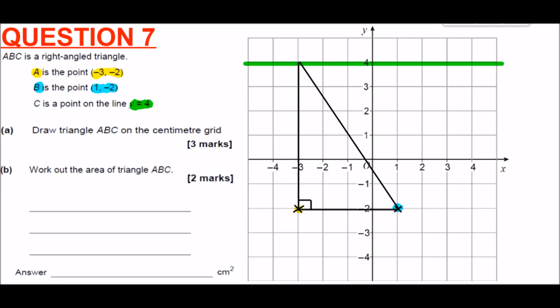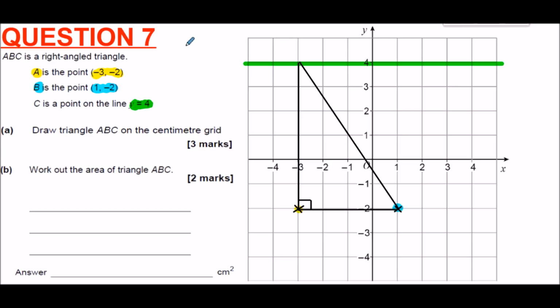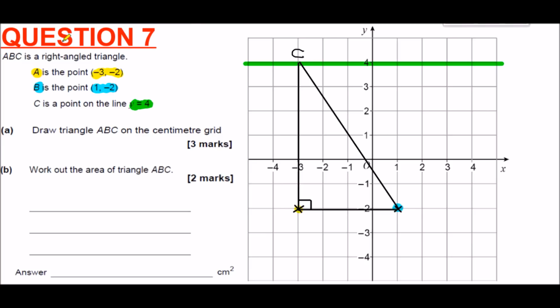So in this example, our version of C is up here. And the right angle of the triangle is down in this corner. So that's one possible option.